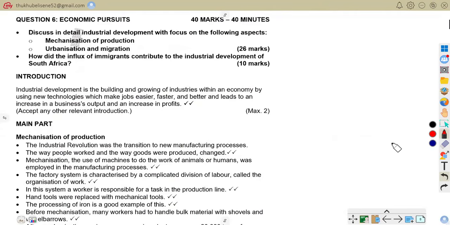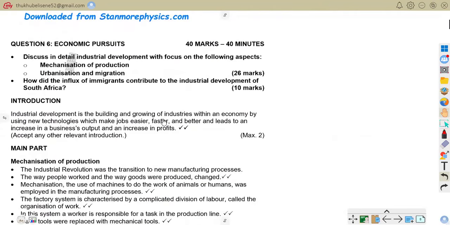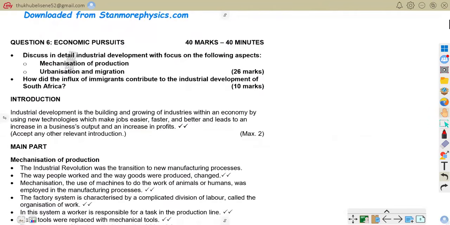So here we are on our answers on question 6, economic pursuits. So you remember it says discuss in detail industrial development with focus on the following aspects: mechanization of production, urbanization, and migration, and how the influence of immigrants contributed to the industrial development of South Africa. So that is that.